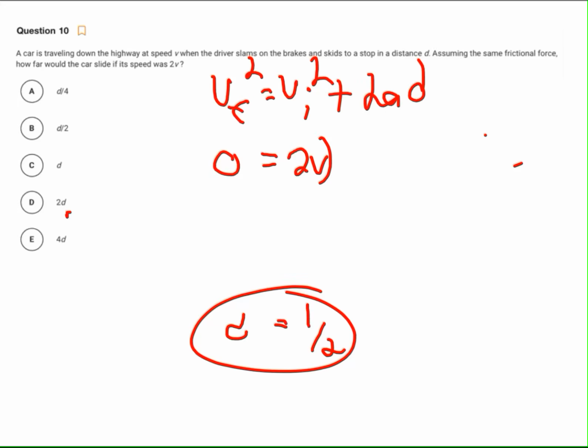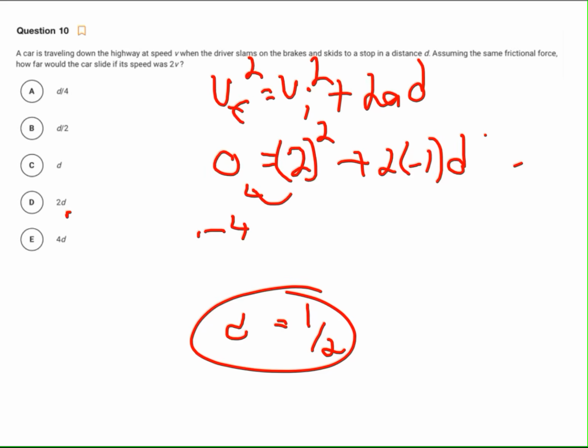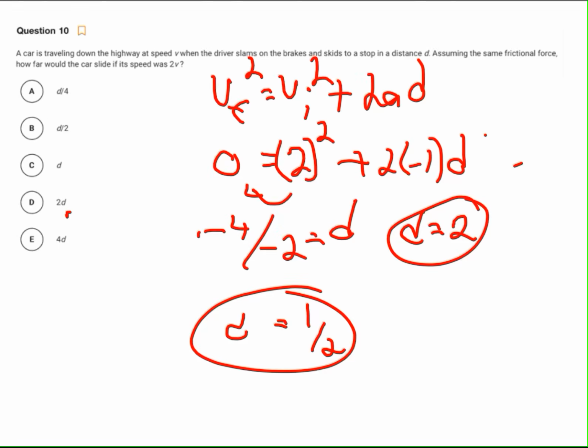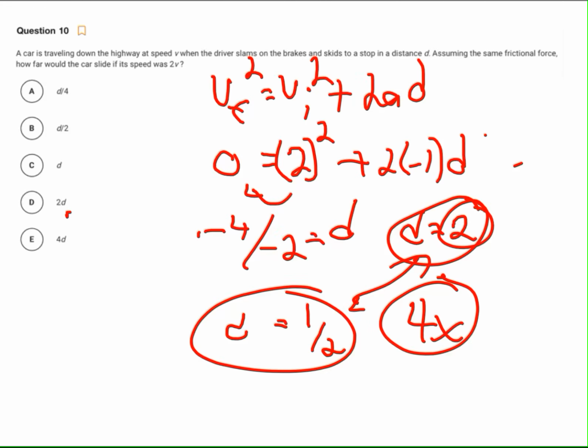So instead of writing 1, I'm going to let this be 2 squared plus 2 times -1 times D. Well, I bring this guy over. It becomes -4 divided by -2 equals D. D equals 2. Now, how does 2 compare to 1/2? It is 4 times larger. So my new D is 4 times bigger than my original D. So that's why it's going to be 4D.